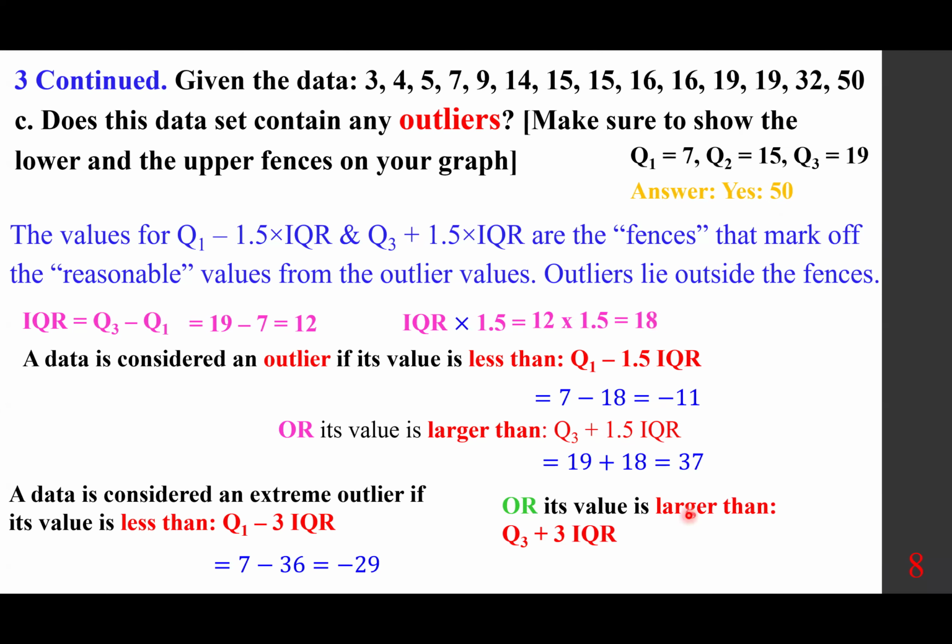And also if it's larger than Q sub 3 plus 3 times IQR. So either or. In this case, Q sub 3, 19 plus 36, making it 55. So we don't have extreme outliers, but at least I wanted you to be exposed to the concept.